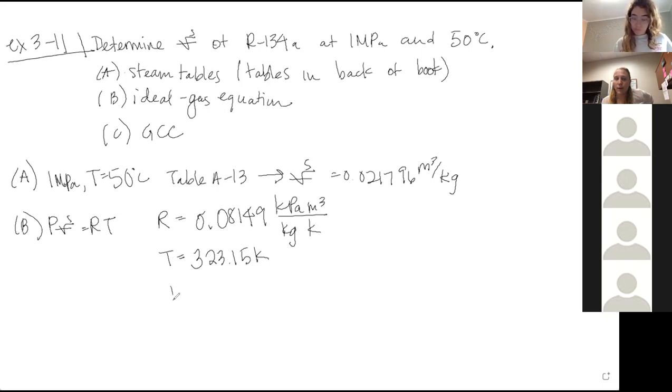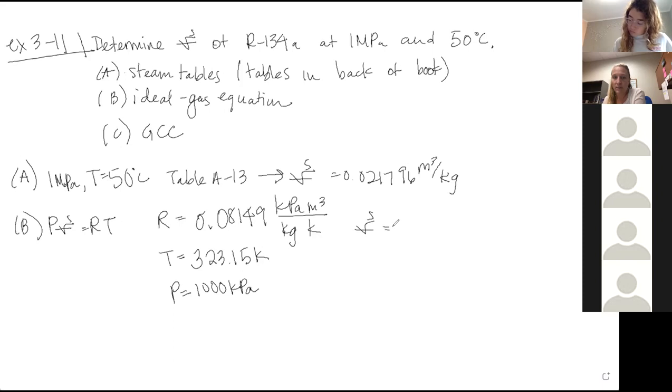And we know that pressure is equal to 1 megapascal, or 1000 kilopascal. So we have everything that we need to solve.